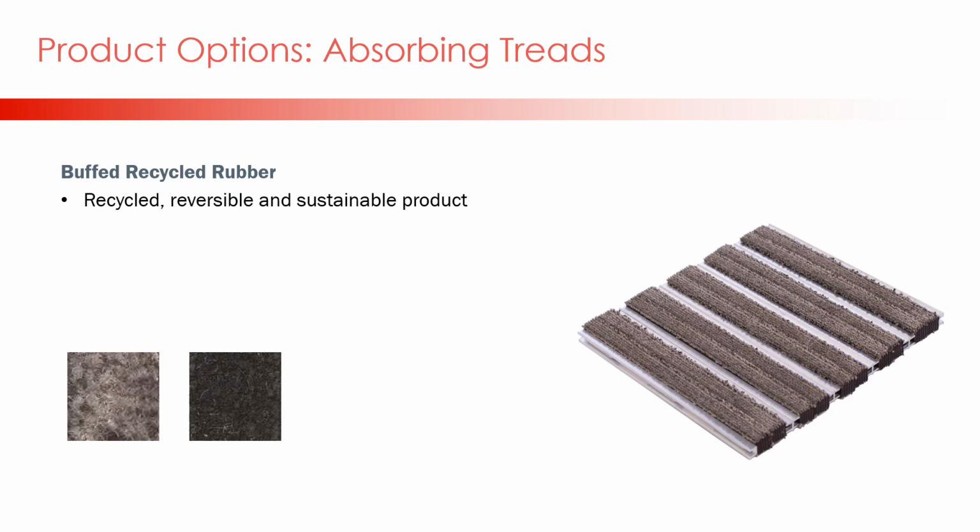Buffed recycled rubber are recycled airplane tires and are used only on a grille designed to accommodate their unique design. Due to the recycled nature, there are limited color options available. This recycled, reversible, and sustainable product requires little maintenance and is extremely long wearing.